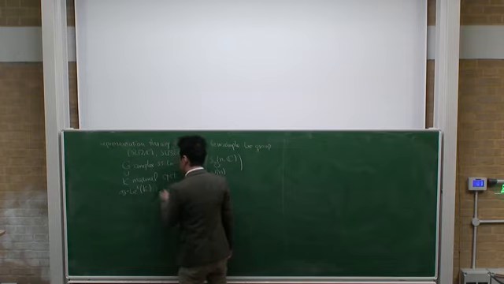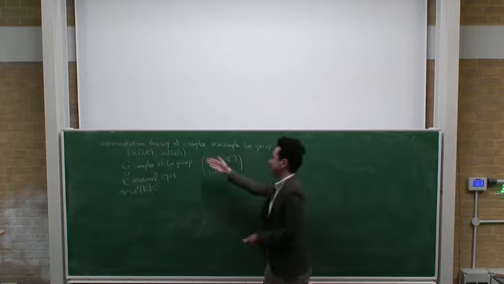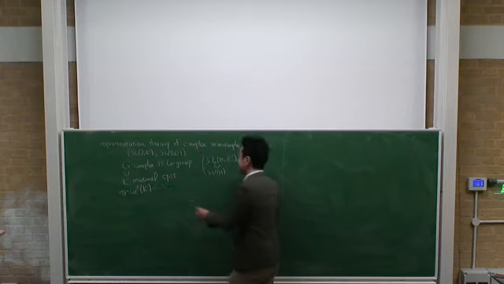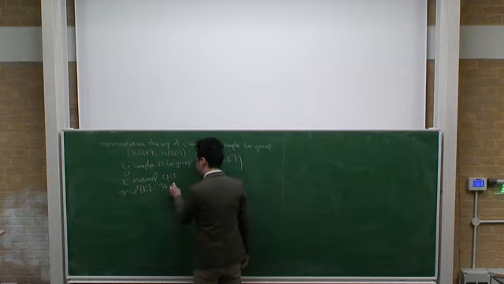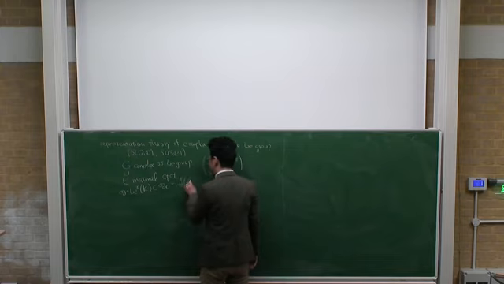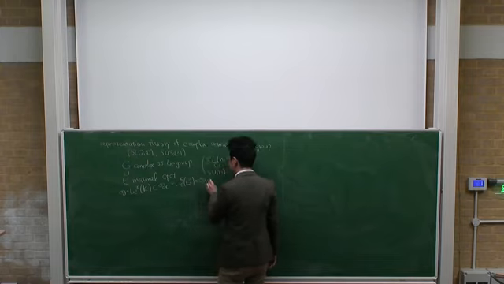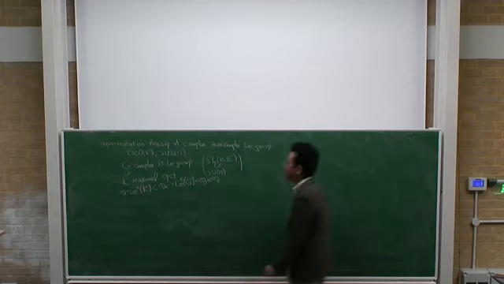This is contained in the complexified Lie algebra of this complex semisimple Lie group, namely this is just a twofold direct sum of g.